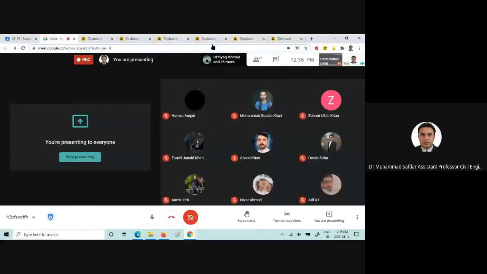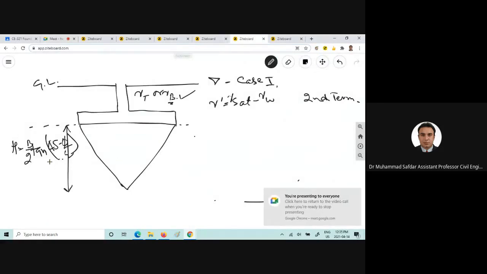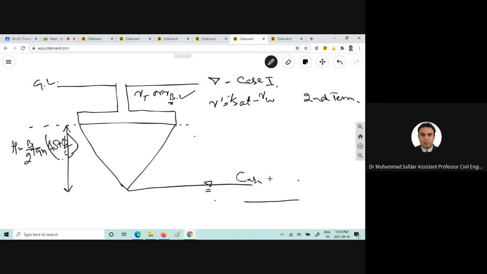So we will go here now. This is the plus B by 2, sorry, this is plus. Now if the water table is here, that's case number 3, I guess, and case number 4 is if it's here. This is case number 4.